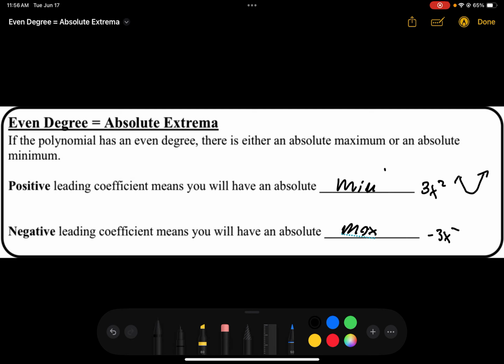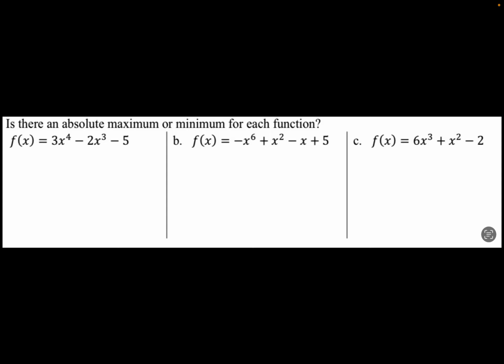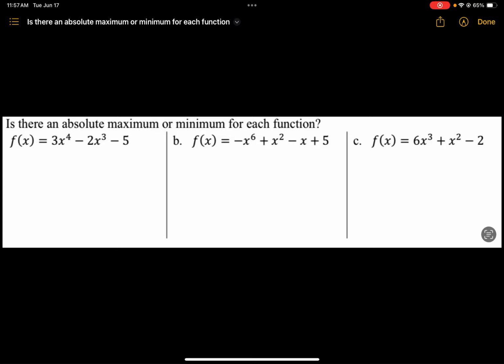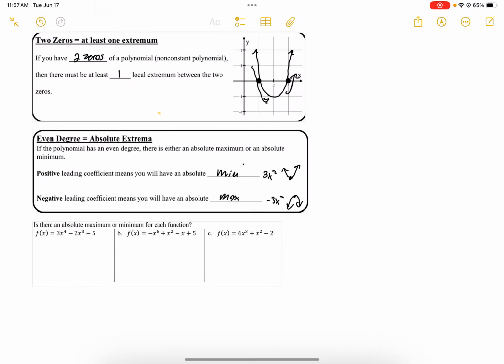Basically, this concludes the end of my notes. And here are some practice problems that you could solve. Okay, so that concludes the notes.